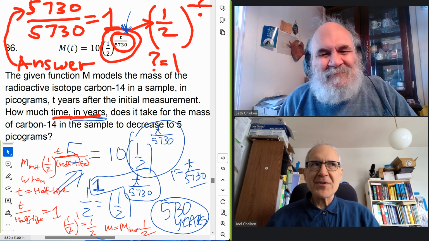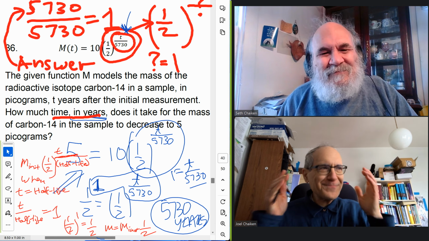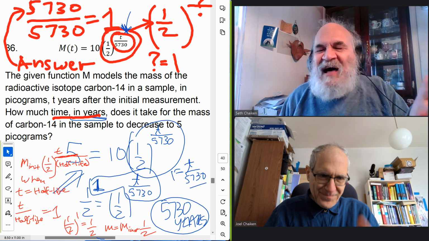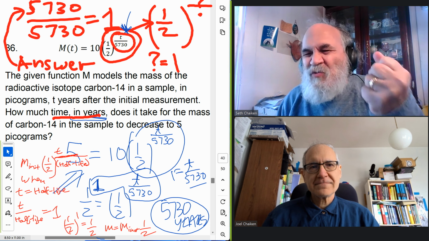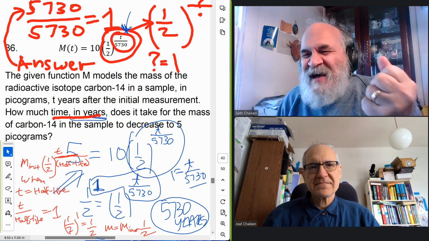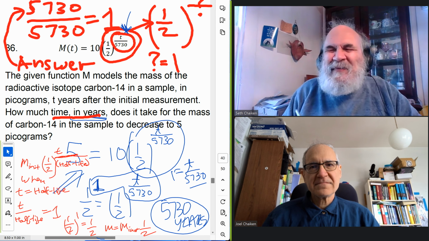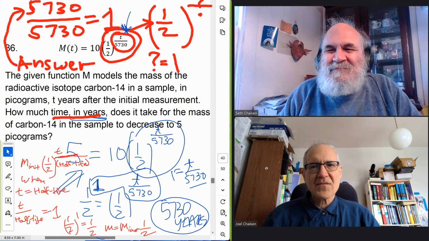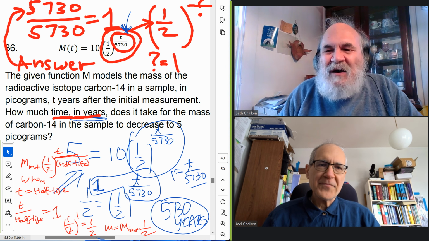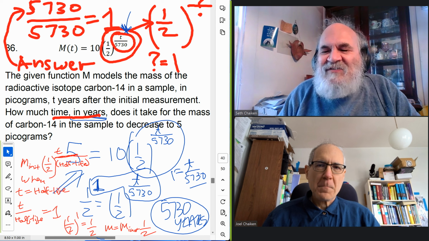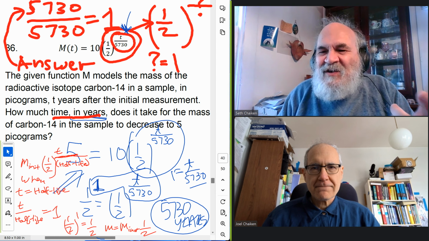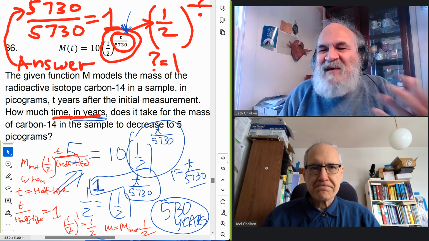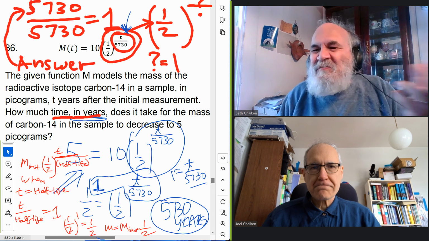The exponent is the number of half-lives. The exponential factor has base 1/2, and so the factor equals 1/2 when the exponent is 1, because the base raised to the first power equals the base.